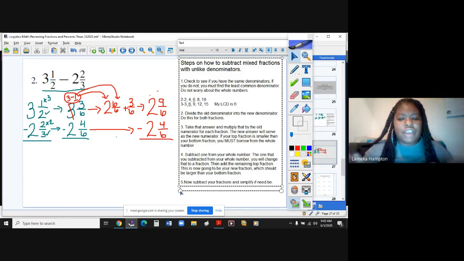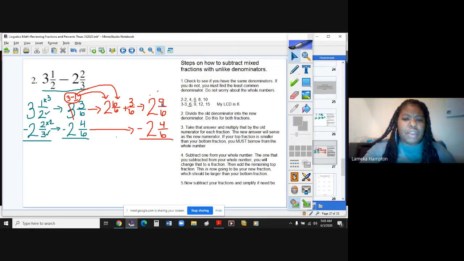Now, you're going to subtract your fractions and simplify if need be. So now we can subtract, because remember, my top fraction is bigger than my bottom fraction, and that's what you want. So 9 over 6 minus 4 over 6 gives me 5 over 6. Remember, I'm still subtracting. 2 minus 2 is 0.